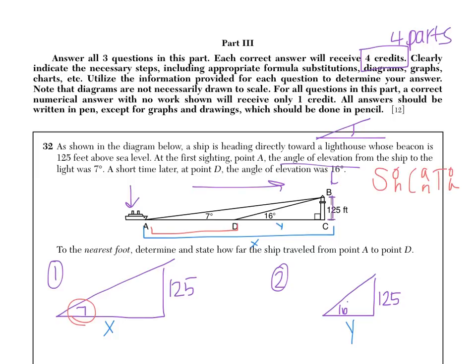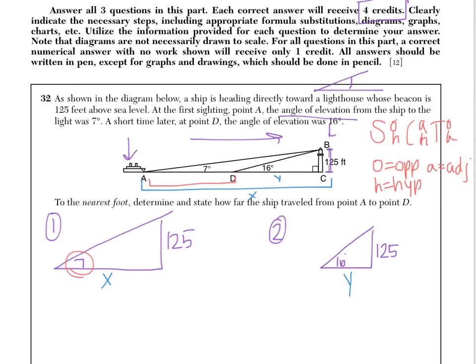SOHCAHTOA, where S means sine, C means cosine, T means tangent. O is opposite, H means hypotenuse, and A means adjacent. So with the SOHCAHTOA, we got to do a little bit of work.